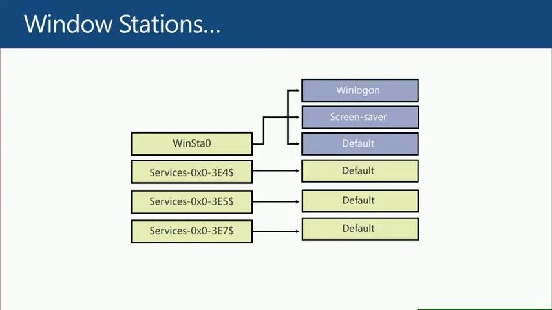One thing about this also is if you have a service configured to run as local system, and you check the box that says allow the service to interact with the user desktop, which we do not recommend, what happens then is the service, instead of running in the 3E7 window station, runs on the WinSta0 window station.